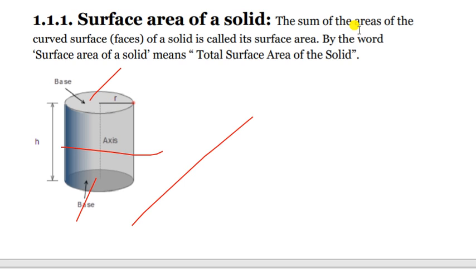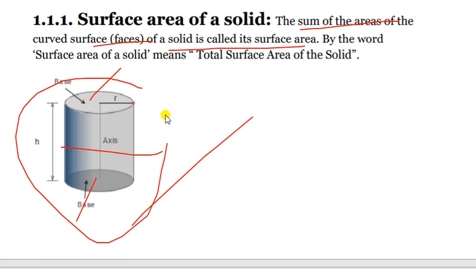That's why it is written: the sum of the areas of the curved surface or faces of a solid is called surface area. Clear? So the sum of the areas of all the faces of any solid shape is called total surface area.